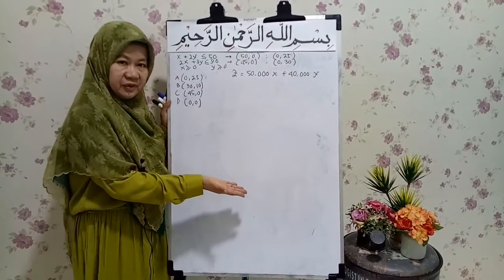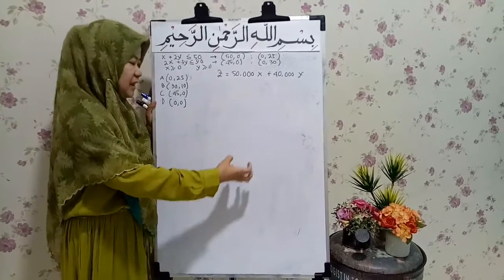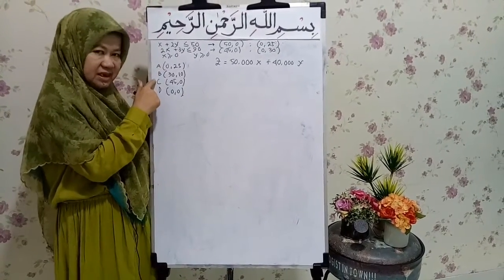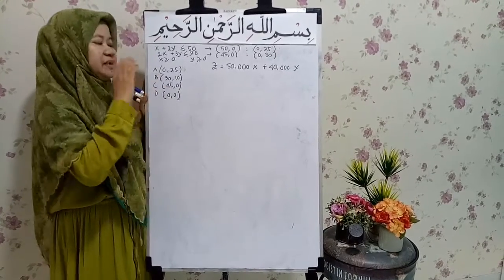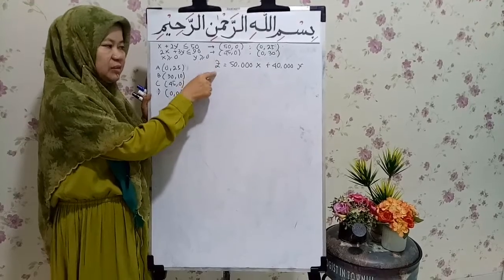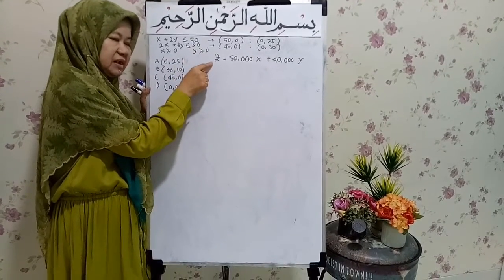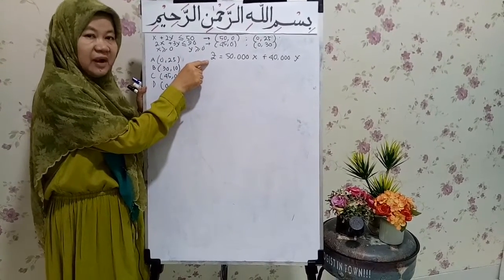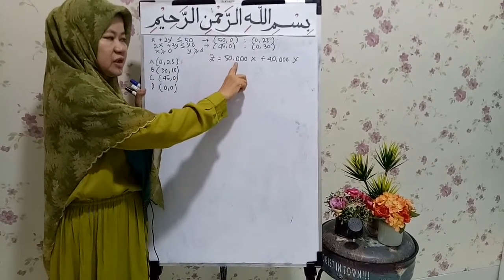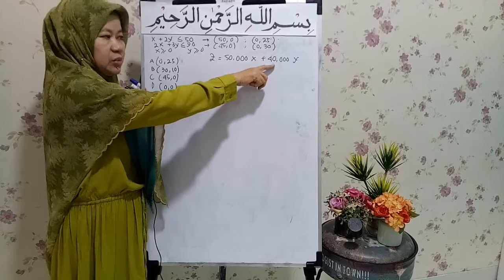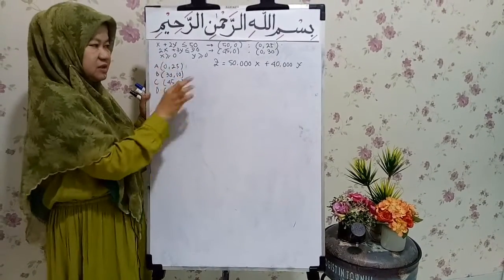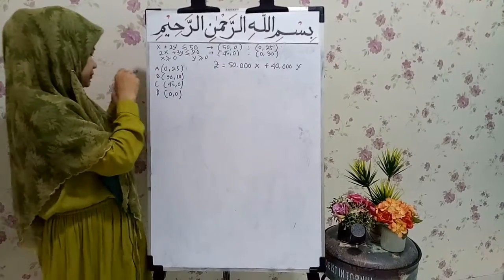From the graph before, we find the points A, B, C, and D. In this problem, we have optimization, or maximization, of this. This we call the objective function. So Z is equal to 50,000x plus 40,000y. We put the points into this equation.